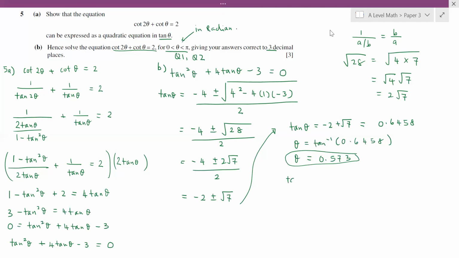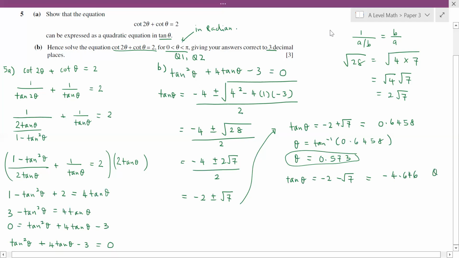The second value, tangent theta, is negative 2 minus root 7. So that is negative 4.646. This is a negative value, then we are looking at quadrant 2. Tangent is negative in quadrant 2. We need to find the reference angle. The reference angle is the inverse tangent of the positive ratio.